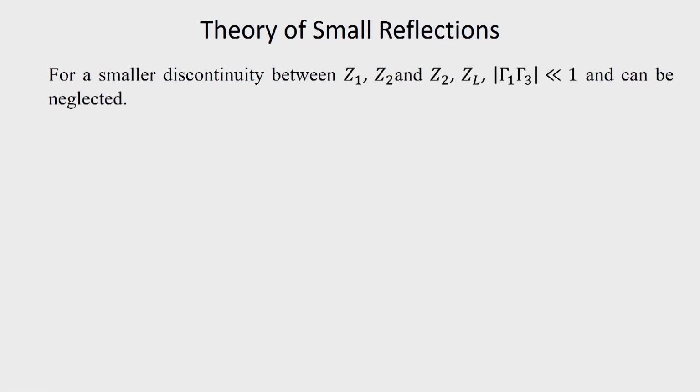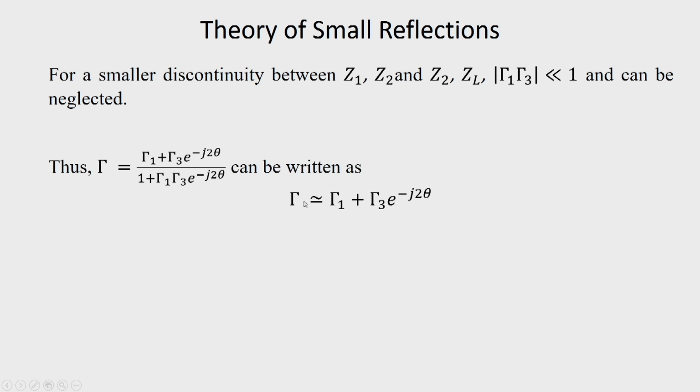Now, suppose we have the condition that discontinuity between Z1 and Z2 and Z2 and ZL, these are small, so that both gamma 1 and gamma 3, they are very small, and the magnitude of the product of gamma 1 and gamma 3 will be very small compared to 1, and neglecting this term, we neglect this with respect to 1 and we write gamma is equal to gamma 1 plus gamma 3 e to the power minus j 2 theta.